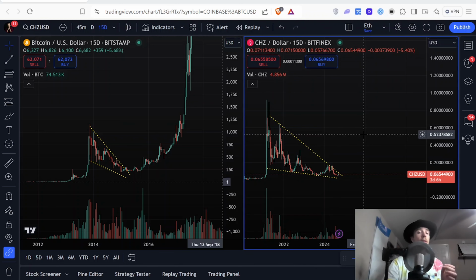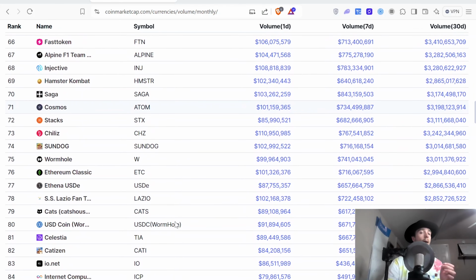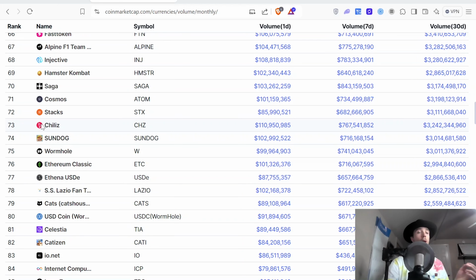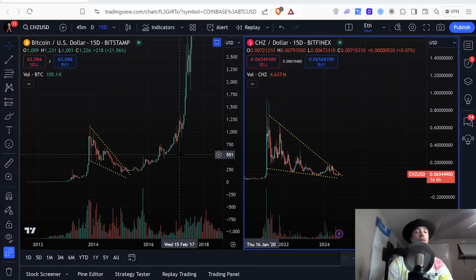So this is a perfect example of a falling wedge here on Chiliz. And again, Chiliz is one of those setups that's in the top 100 in monthly trading volume. So there's a lot of people picking this thing up in preparation for a big move. So this is using volume in conjunction with chart patterns.